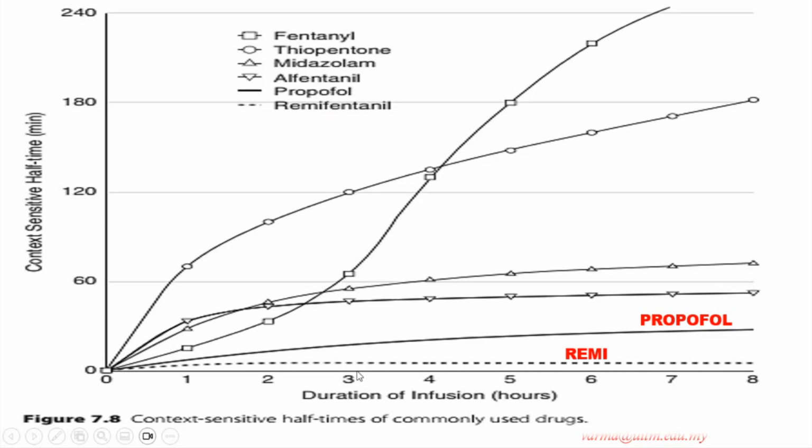After a 3-hour infusion, I think it's around 10 or 20 minutes. Please go and cross-check this. Whereas remi... so you can see compared to any other induction agent and opioids, propofol and remi have the best context-sensitive half-time, making them the ideal agents for TCI TIVA.